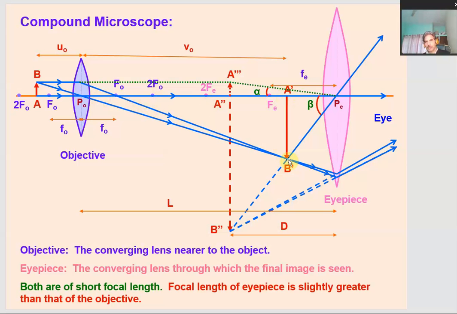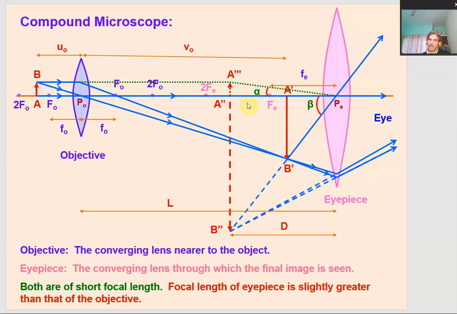Now this image A dash B dash will act as the object for the eye lens or the eyepiece. For this, we want the final image in the first case to be formed at the least distance of distinct vision, which is possible whenever the final image is formed on the same side of the lens.